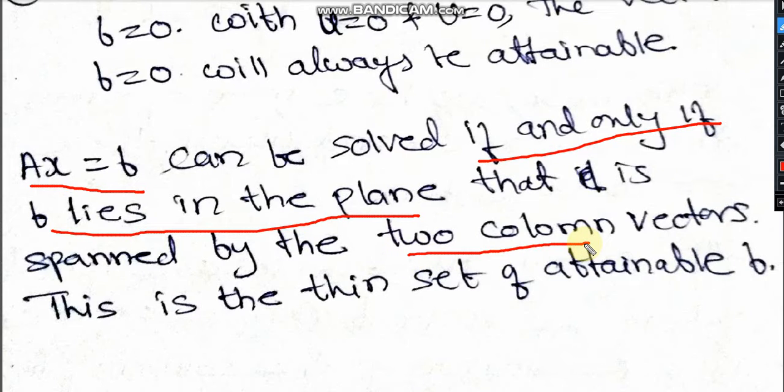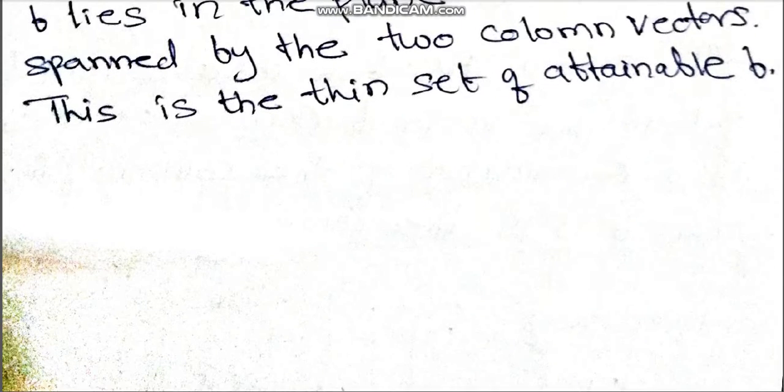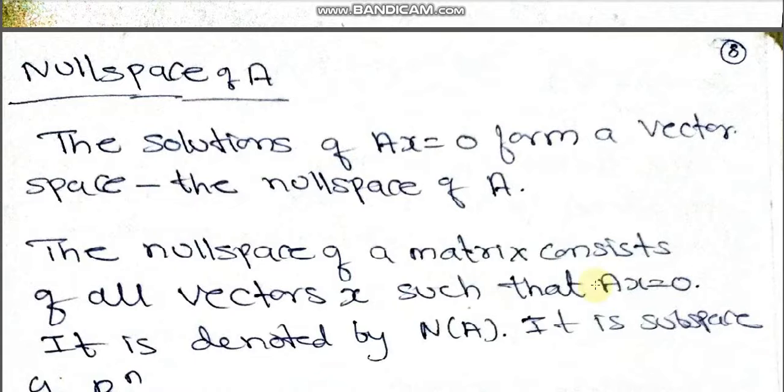The same thing: when you solve Ax equals b, b should be contained in the span of the columns of A. That is how you are going to solve Ax equals b. So when b is equal to 0, we call that space the null space.